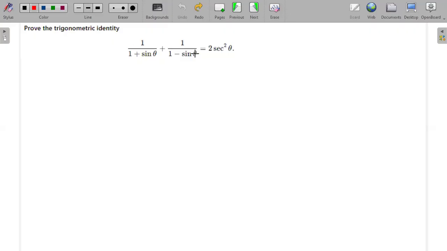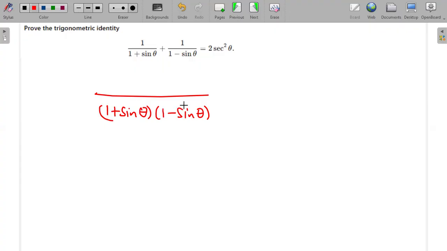Okay, we're just going to add whatever we have here. So I'm going to say the common denominator there will be what? We're just going to multiply the two denominators that we can see, right? So it will be 1 plus sine theta multiplied by 1 minus sine theta. Okay, and then 1 plus sine theta into here, it will just be 1 minus sine theta.